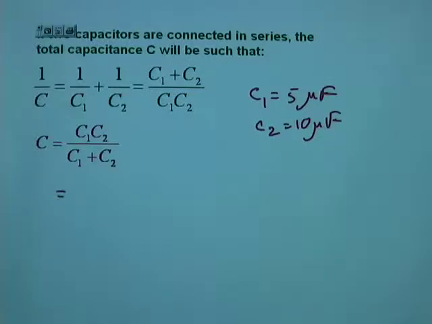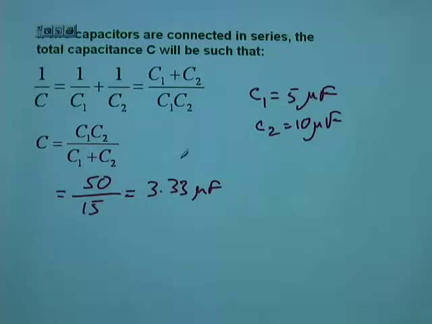Then C will be equal to C1 times C2, which is 5 times 10, 50, divided by C1 plus C2, which is 15, and that will be approximately 3.33 microfarad.